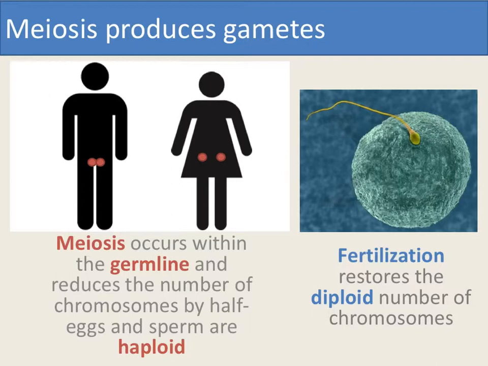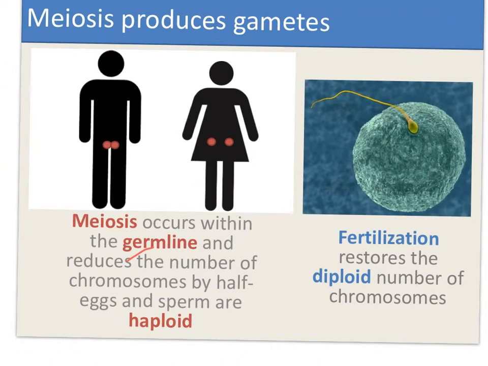Instead of forming 2 daughter cells, you end up forming 4 individual gametes. We'll look at that in more detail. And then, of course, fertilization restores diploid. In other words, you have homologous chromosomes.